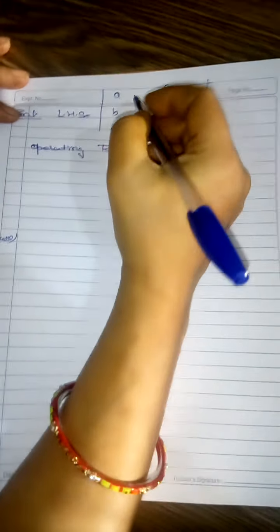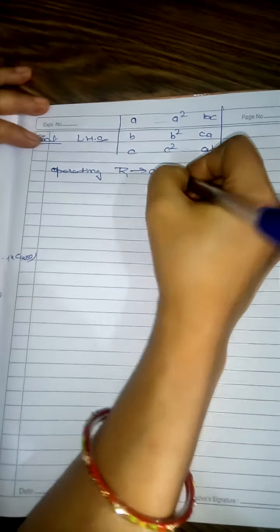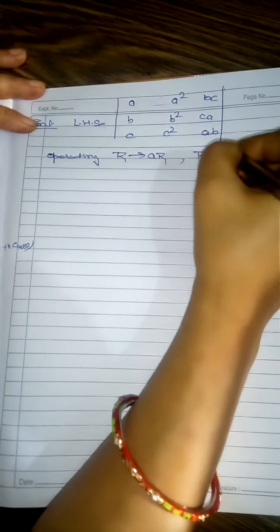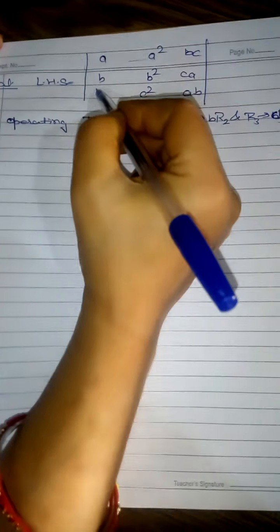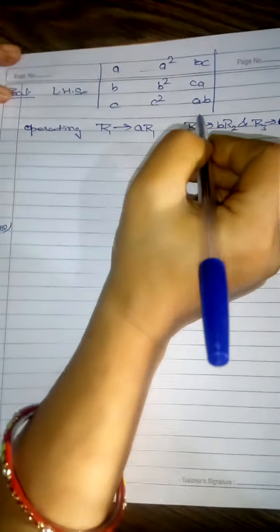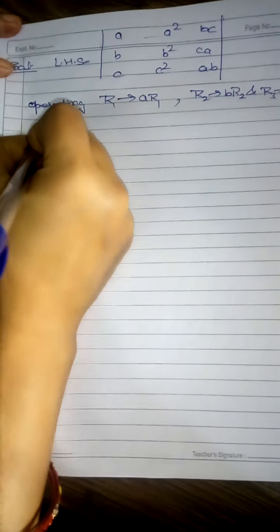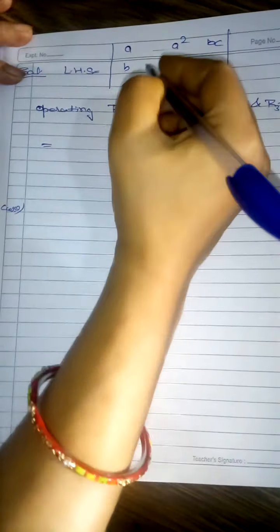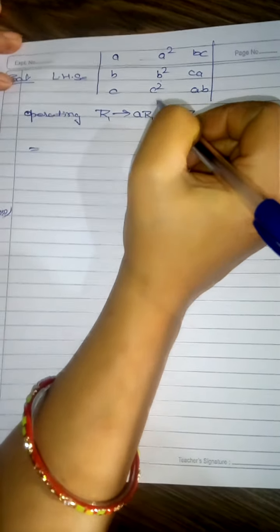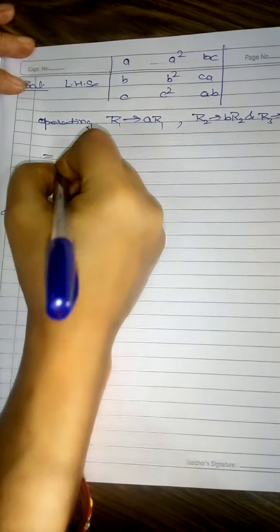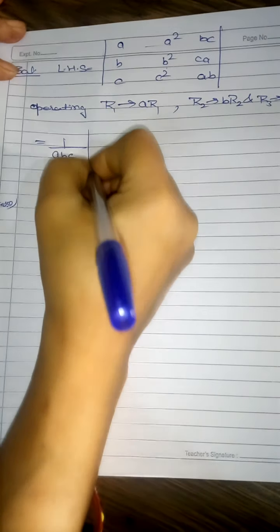It means you multiply the first row with a, the second row with b, and the third row with c. Since you multiply by a, b, c, you will divide by ABC.